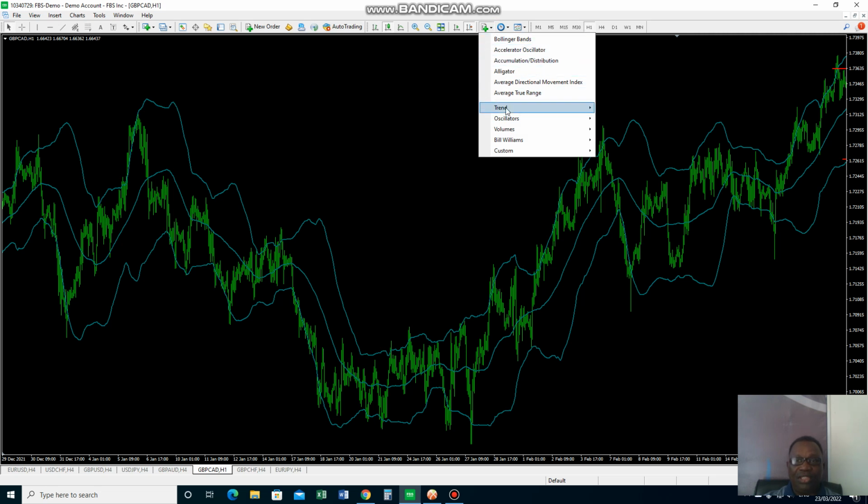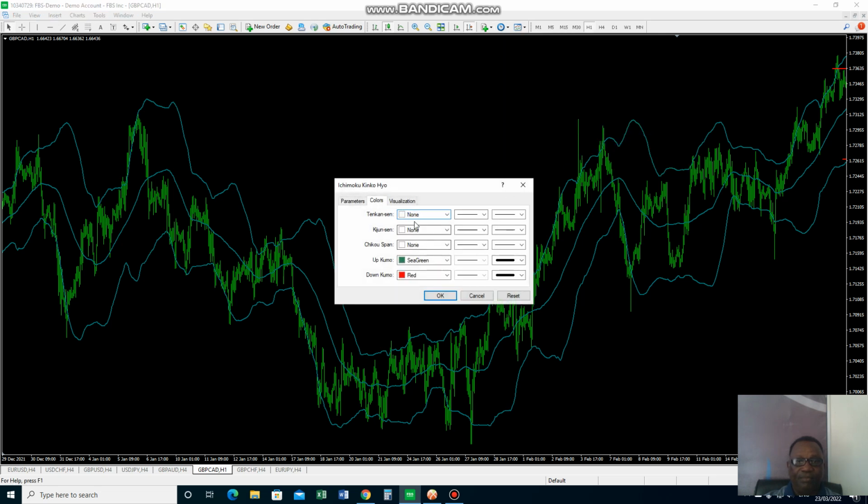Ichimoku has about 1, 2, 3, 4, 5, 6 colors. We have different colors. We have the Tenkan, we have the Kijun, we have the Chikou Span, we have the Up Kumo, we have the Down Kumo.